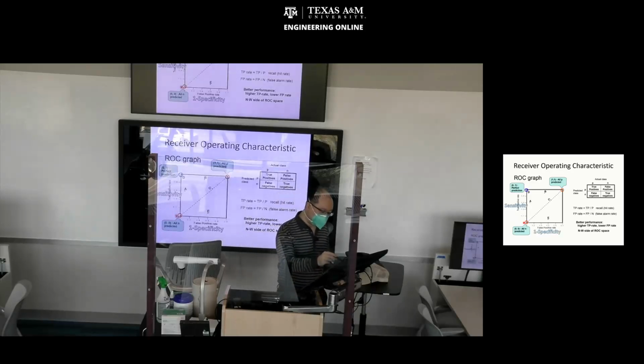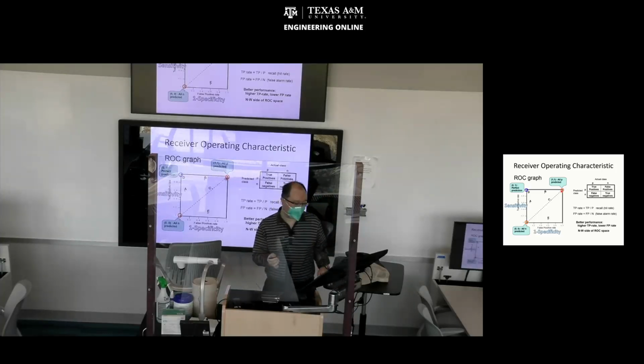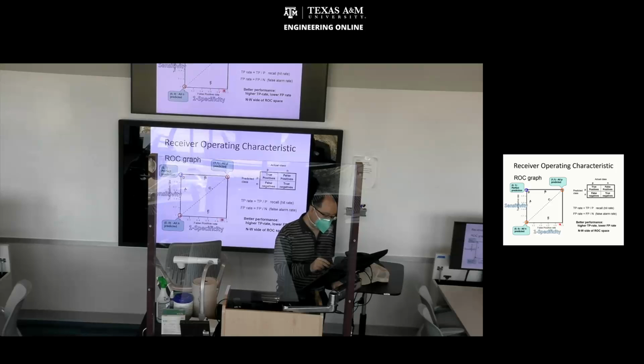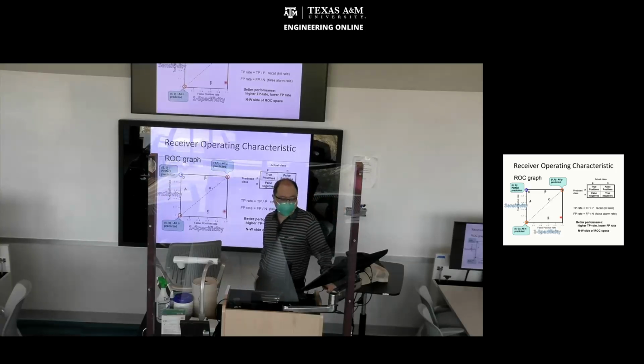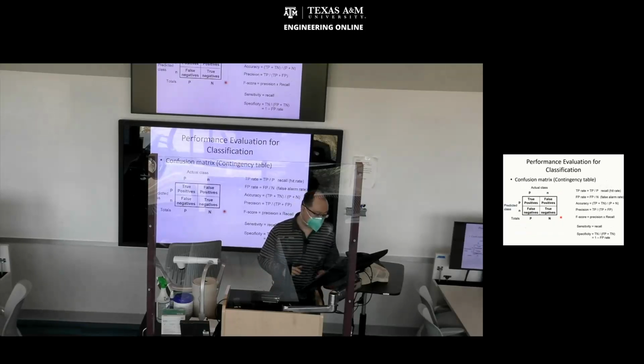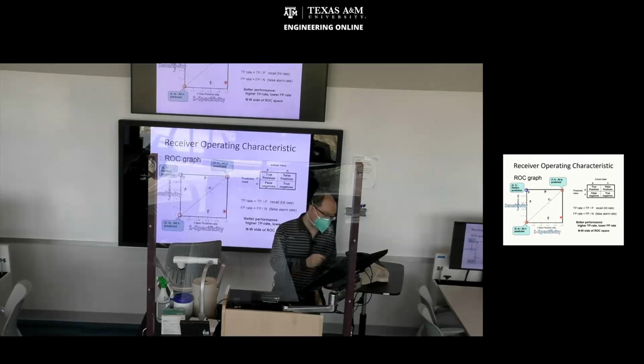Similarly, if you are here, then the sensitivity equals 1, so the true positives equal positives. But the false positive rate equals 1 as well, so that means all the negatives were predicted to be positives as well. So in this case, everything is predicted to be positive.